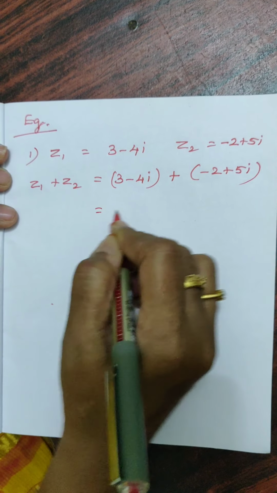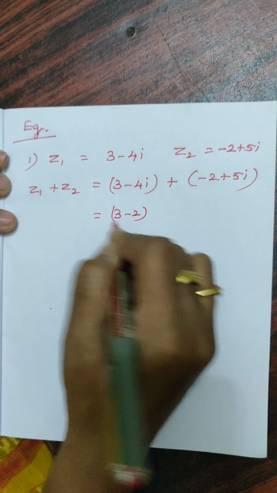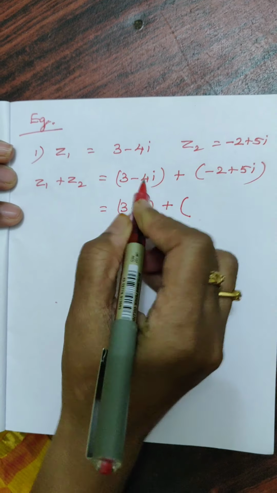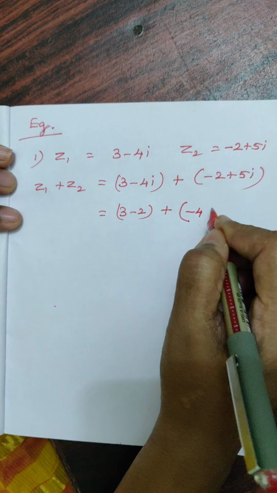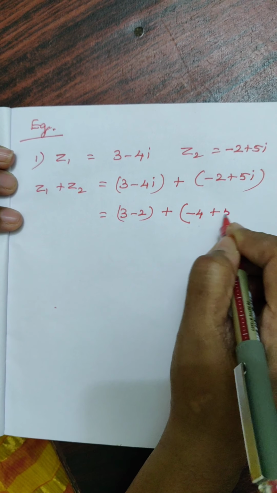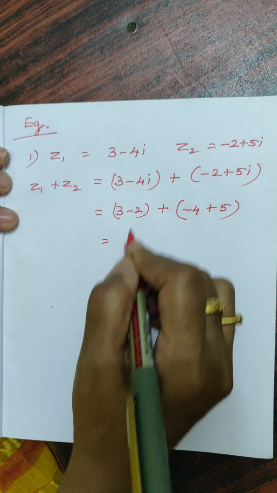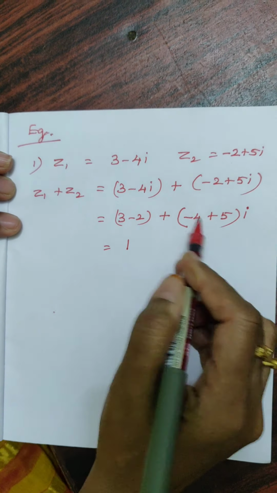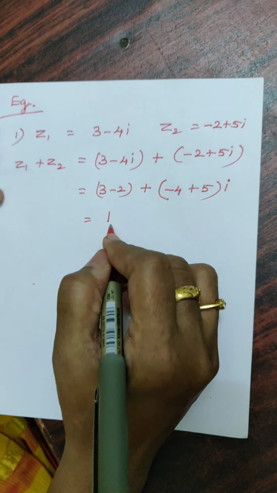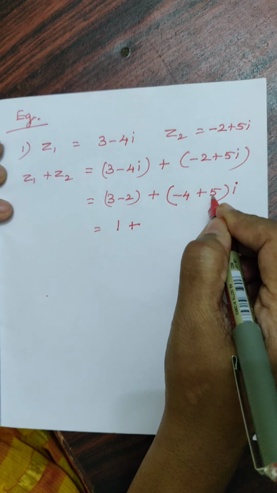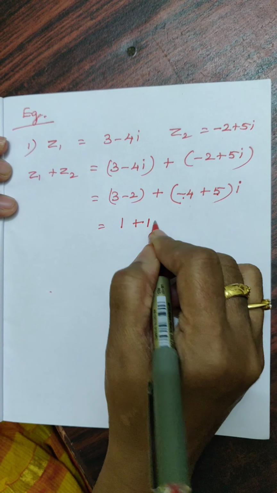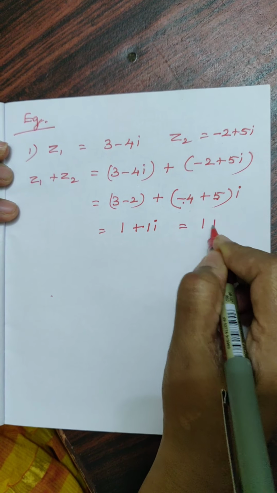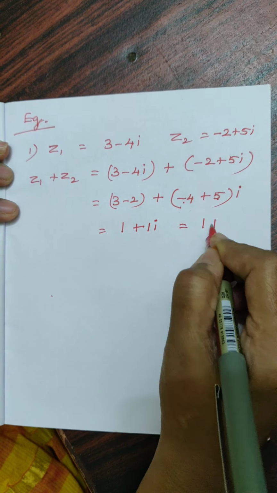So what is the answer? The real part is 3 minus 2, which is 1. The imaginary part is minus 4 plus 5, which is 1, times i. Or I can simply write it as 1 plus i. Is it clear to all of you?